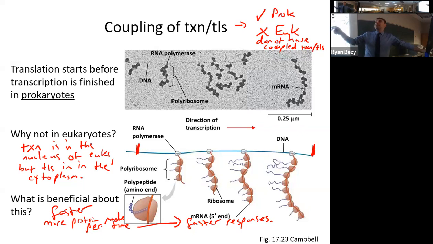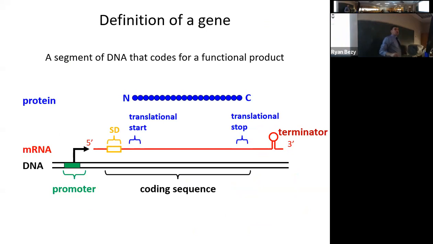DNA. It's a DNA sequence, or a segment of the DNA, that codes for a functional product, a final functional product. And yes, sometimes that final functional product is RNA, but sometimes the final functional product is a protein instead. But it codes for some type of final functional product. So with genes, again, a segment of DNA that codes for a functional product.